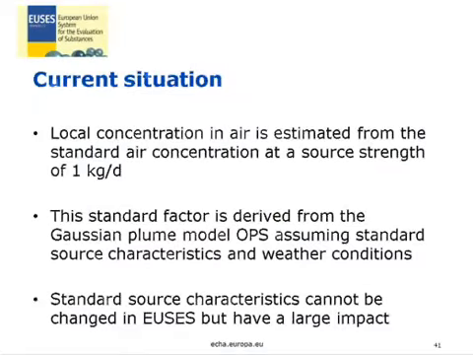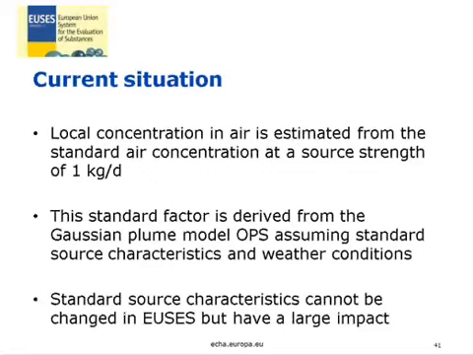Well, the current situation in EUSES calculates the local concentration in air from a standard factor, and uses the source strength, or the standard factor is the concentration in air at a fixed emission, so 1 kilogram per day.